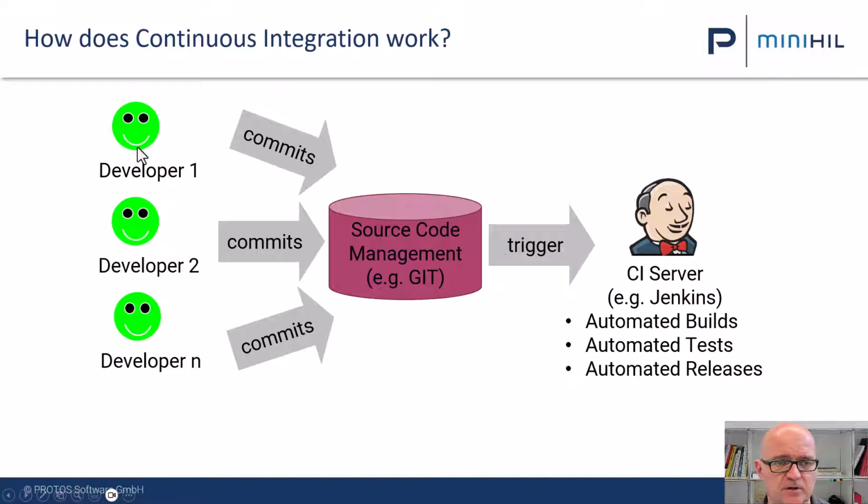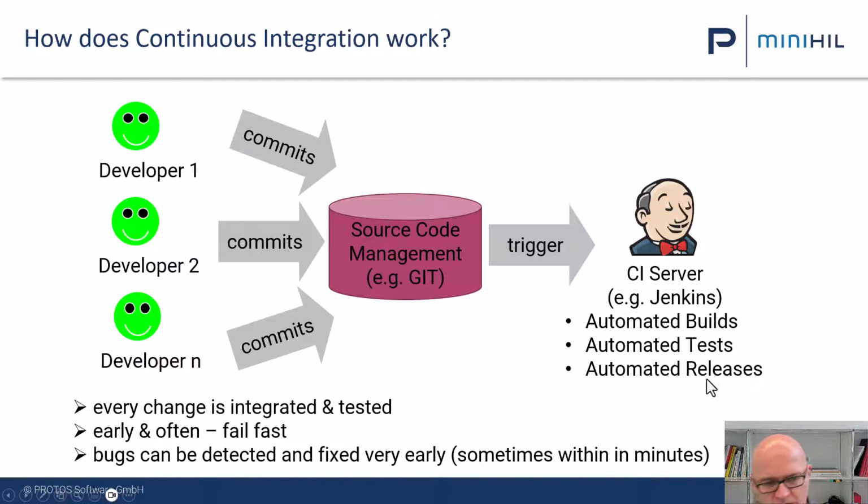Every developer commits his changes to the source code management repository. The source code change triggers the continuous integration server. So the continuous integration server monitors the source code repository, and then it automates builds, it automates the tests, and it automates the releases.